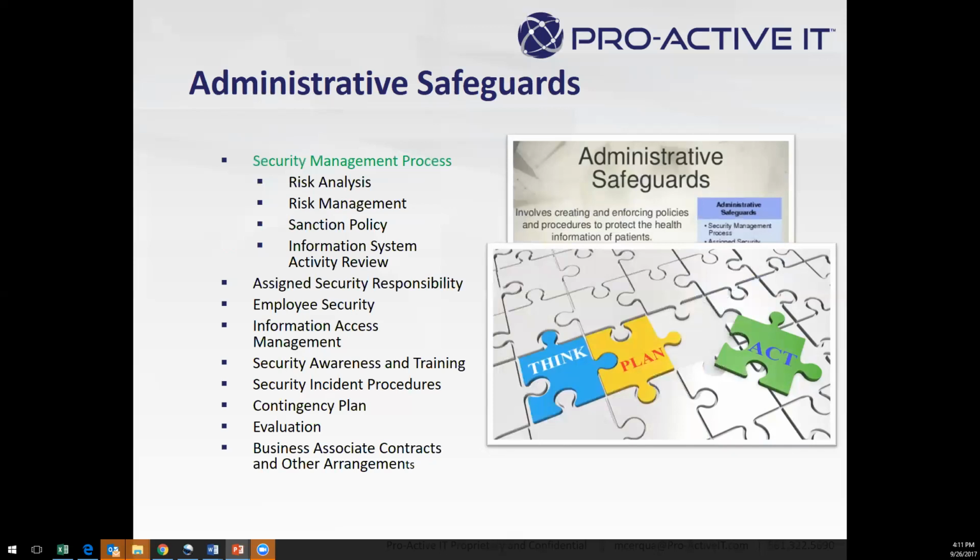Now, I would predict that 100% of organizations have already experienced or will experience a security violation, but the important question to ask yourself is, do we have a security management process in place to detect the violation, to contain the violation, and to correct the violation?